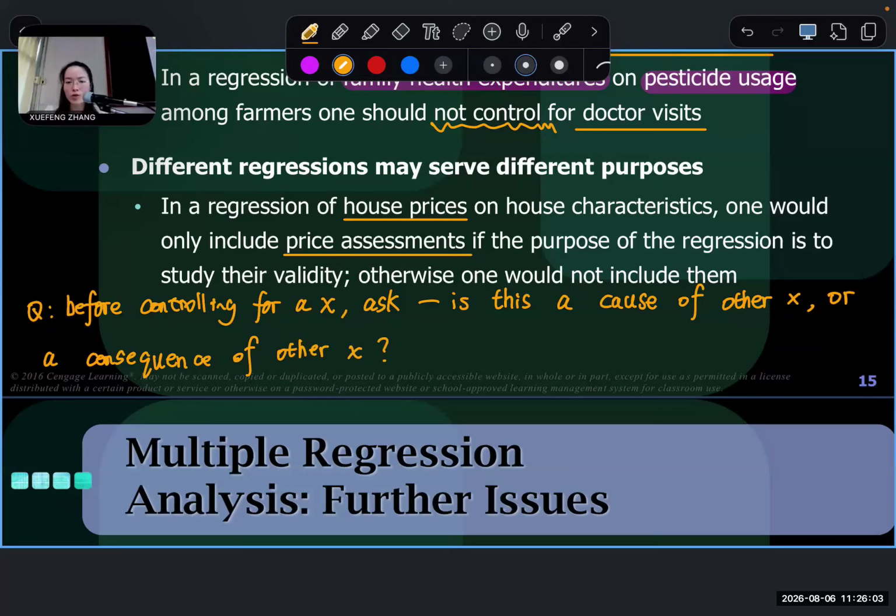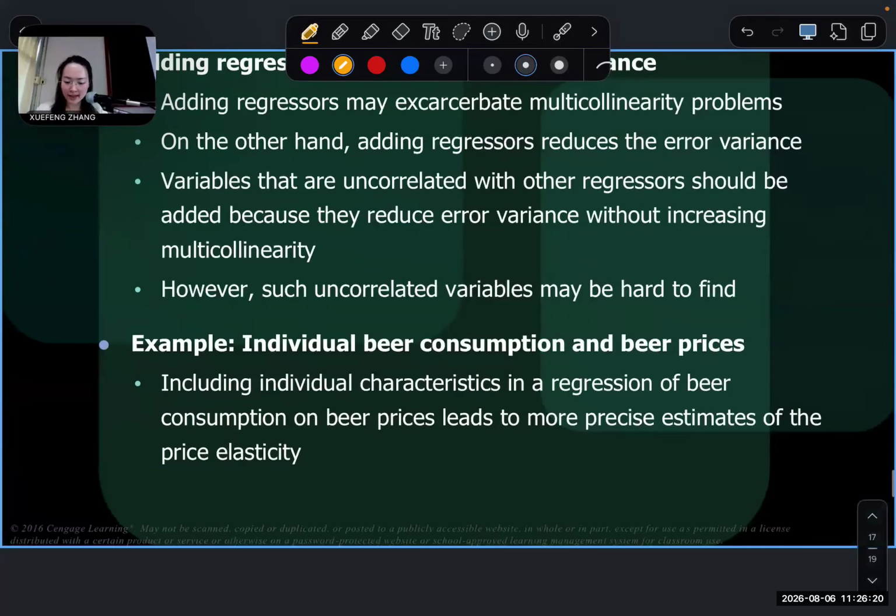If you control for a consequence, it kills the effect you are trying to measure. Okay, let's continue here.